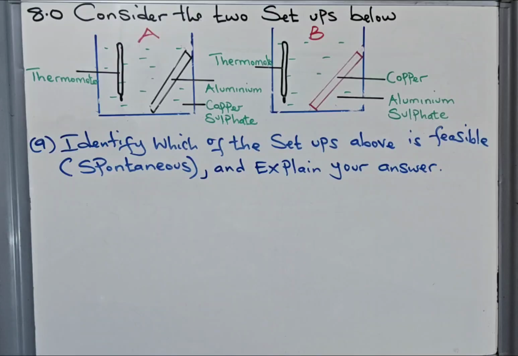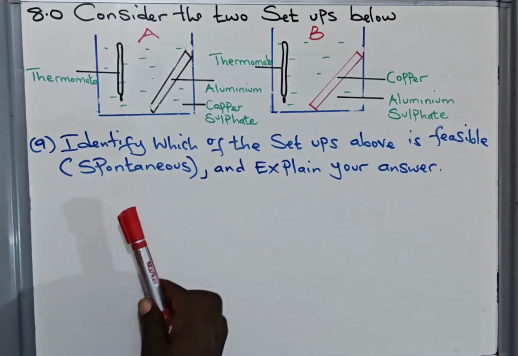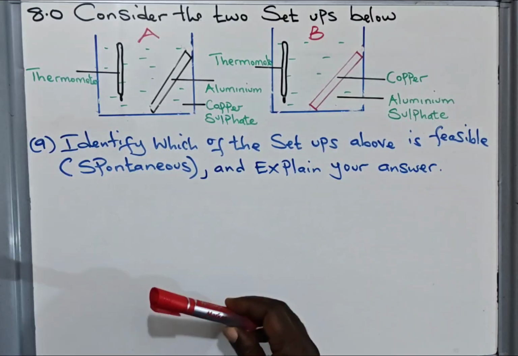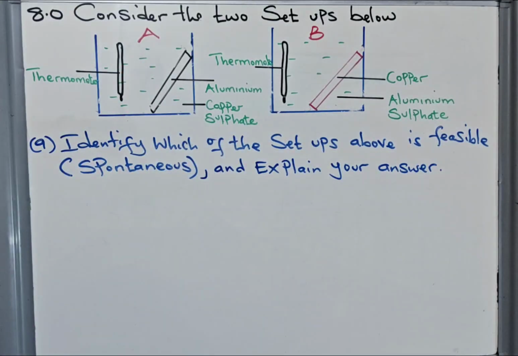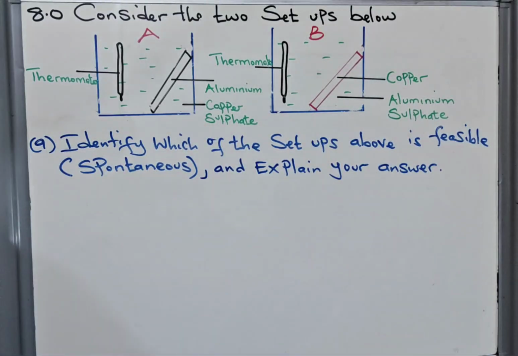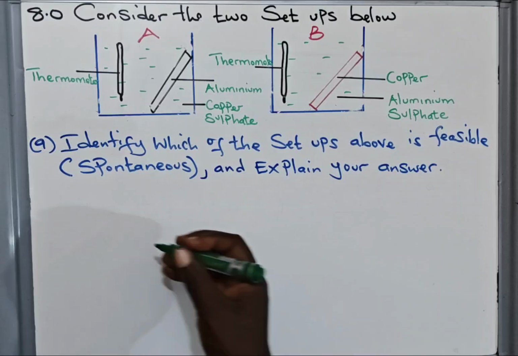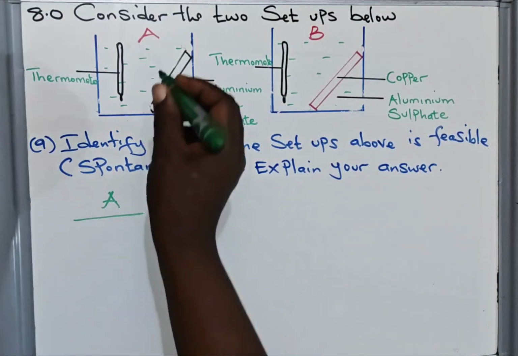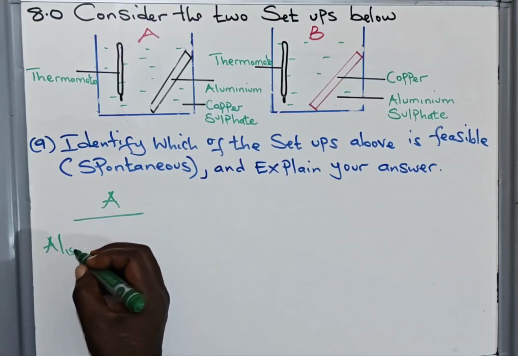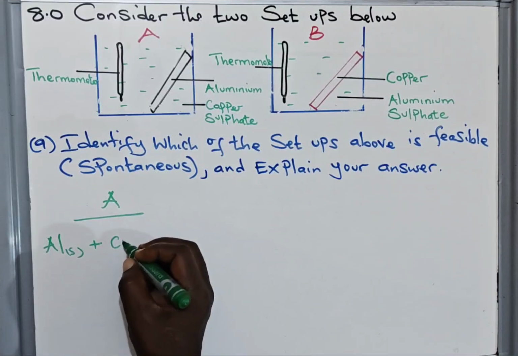To be feasible means that it can proceed without any energy input. This part we are going to expound on as we proceed. But the answer is A. Let us look at what we have in A and what we have in B. In A, we have aluminium solid reacting with copper sulfate.